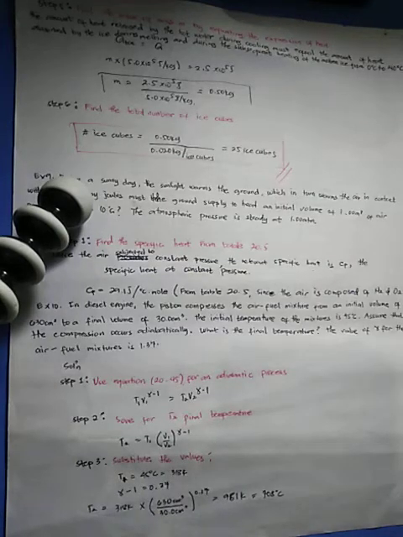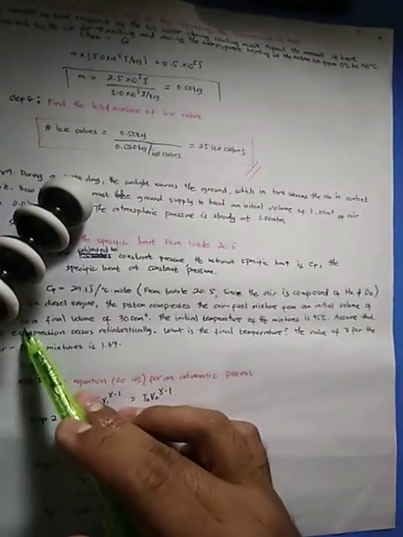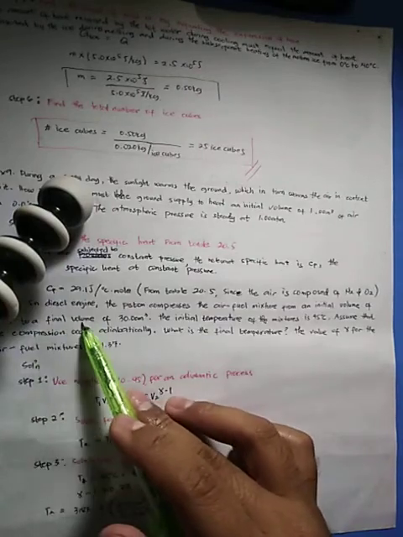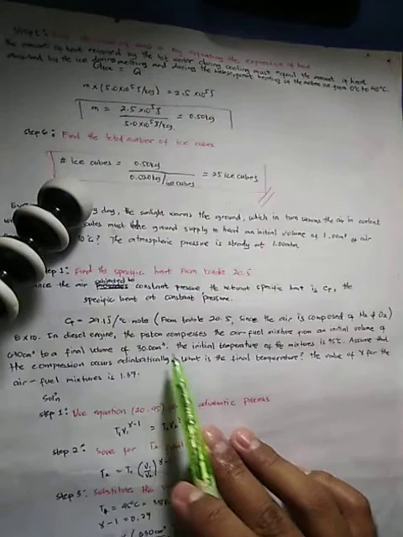So from example number 10, it says that in a diesel engine, the piston compresses the air fuel mixture from an initial volume of 630 centimeters cubed to a final volume of 30 centimeters cubed.